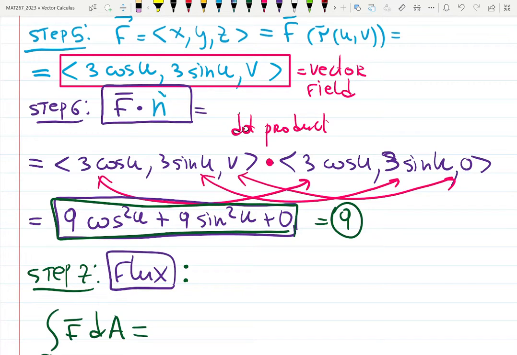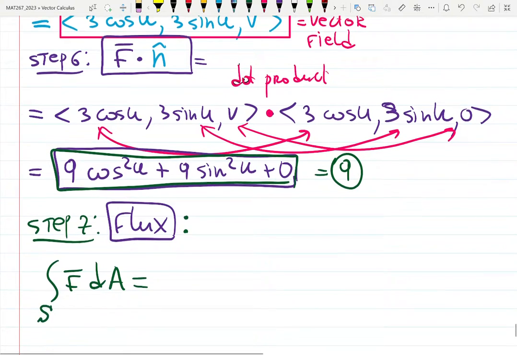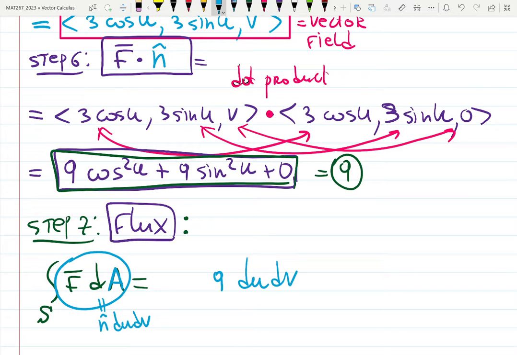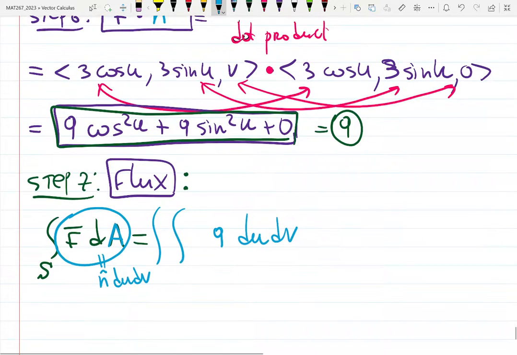F dot n hat gives you 9. But if you want to know what F dA is, skipping some steps, it's going to be 9 times dA, which is the norm of n, and then du dv at the end. So it's going to have du dv, a double integral. And the cool stuff is that we know what's inside. Inside is just 9 du dv.